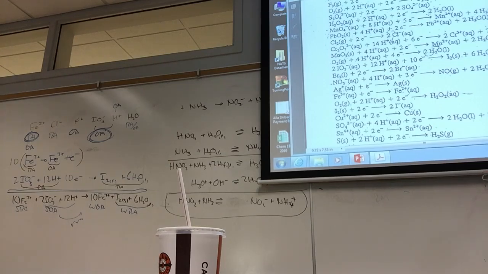How many do you want? 3 or 4? 5? 5 might be too many. I think last semester I gave 3 or 4: 1 redox, like this, 1 metathesis, 1 acid base.